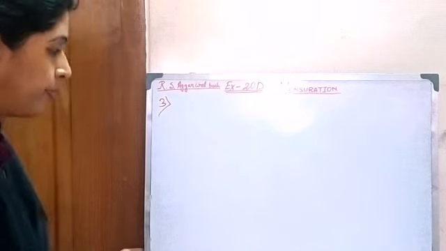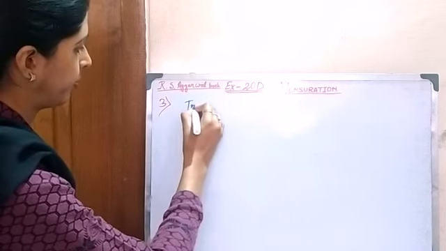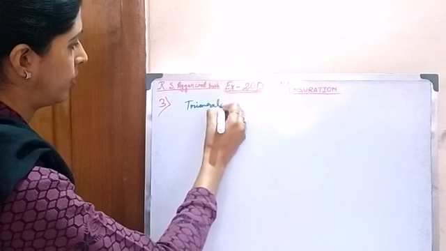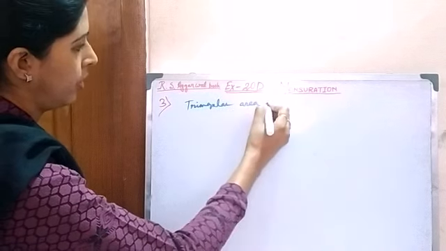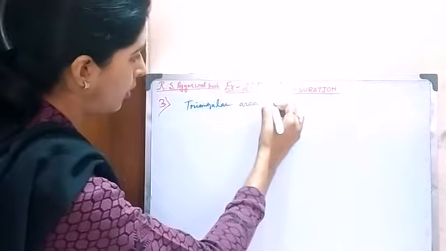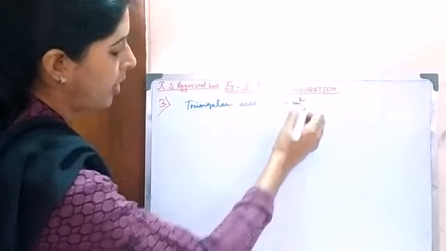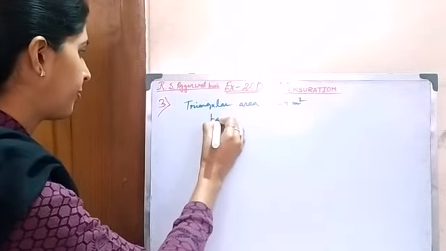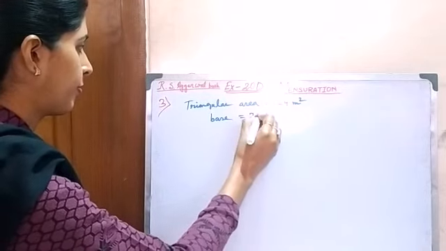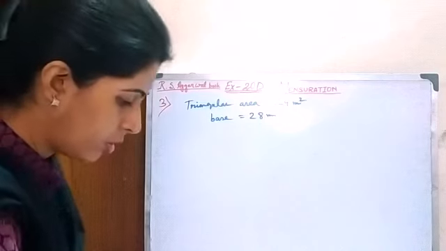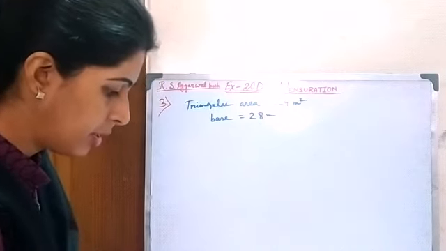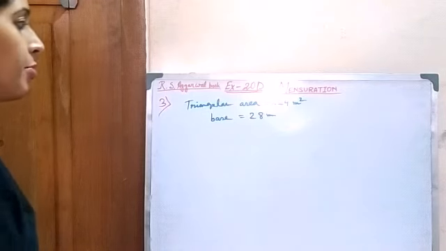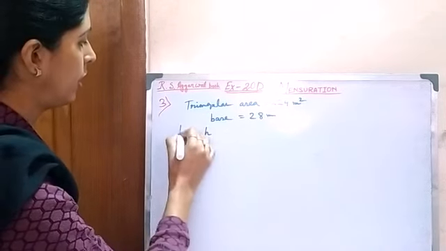Triangular area is given 224 meter square and base is 28 meter. We have to find out the height of that triangular region. So very simple.